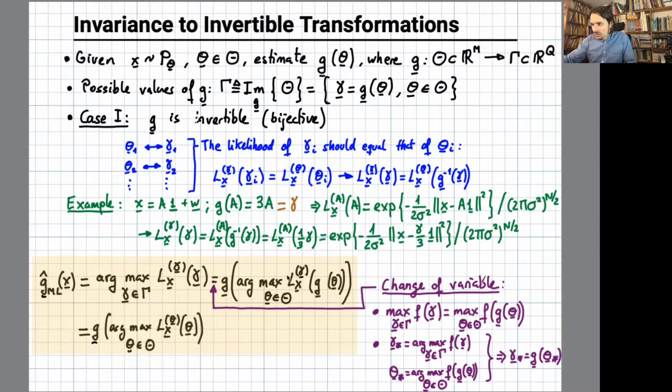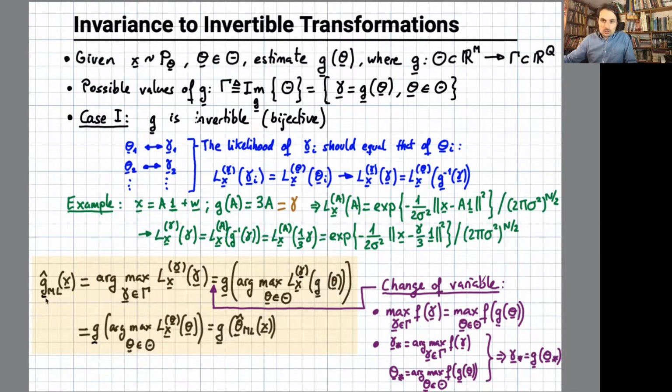Okay, so this was the likelihood of gamma. Now we have the likelihood of theta. But now this should look familiar to us. This is precisely the maximum likelihood estimator of theta. So we have derived the invariance property.